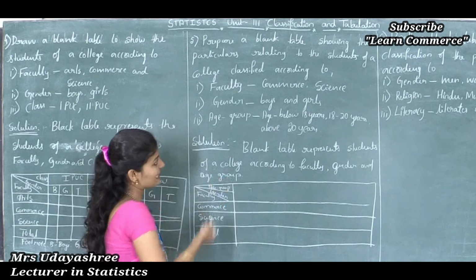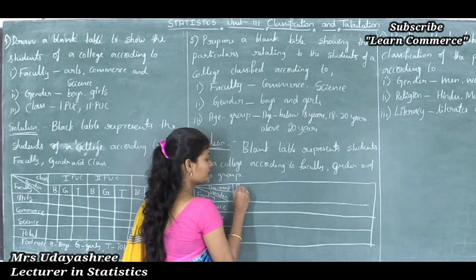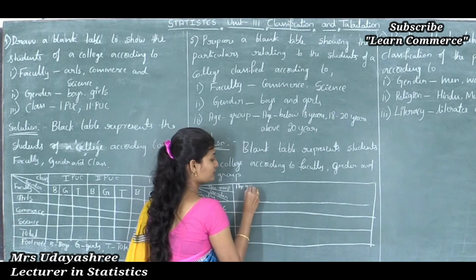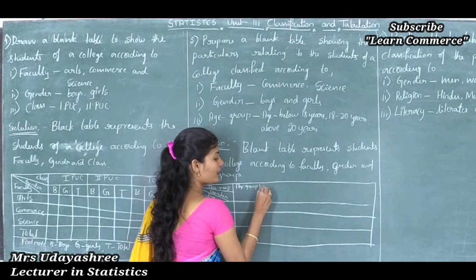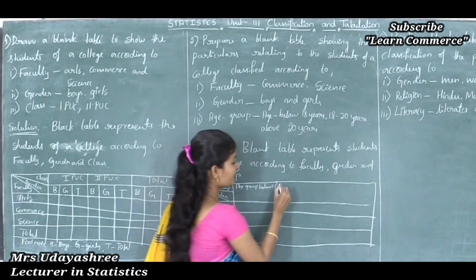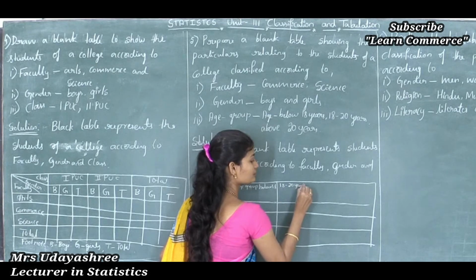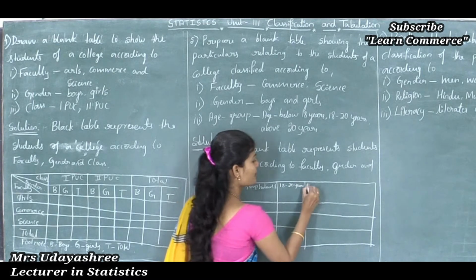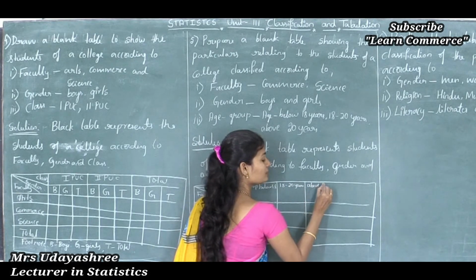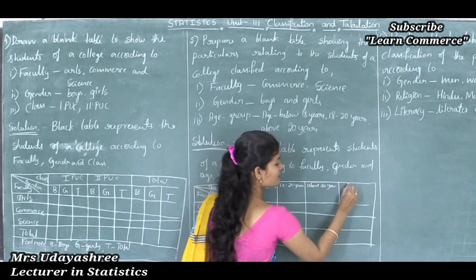See here, the given classified characteristics are age group below 18, next one is 18 to 20 years, the last one is above 20 years. Okay, last is total.